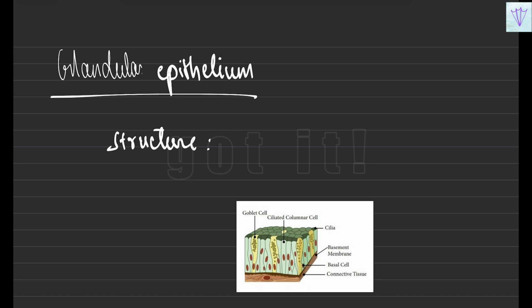Obviously, glandular in the sense glands, so it will be present near the glands. The structure will be either cuboidal or columnar cells modified in order to do secretion.